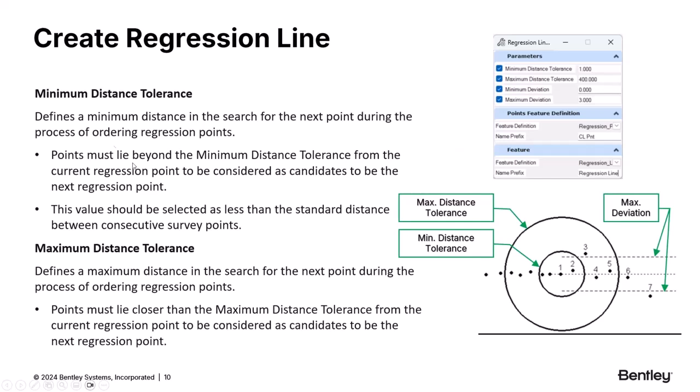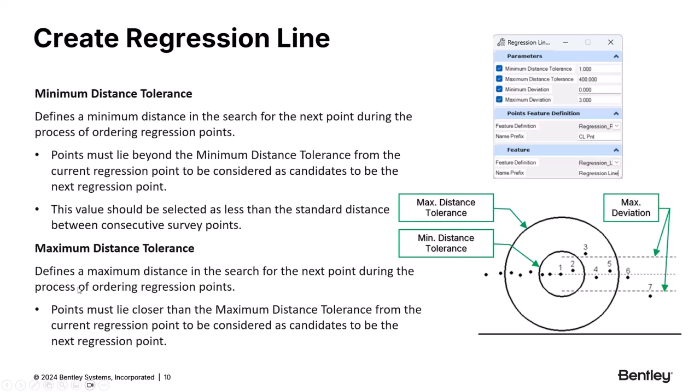When we talk about the minimum distance, it defines the distance in the search for the next point during the process of ordering the regression points, and the points must lie beyond the minimum distance tolerance from the current regression point, which is 1, to be considered as candidates for the next regression. Now the value you enter here should be less than your standard distance between consecutive survey points.